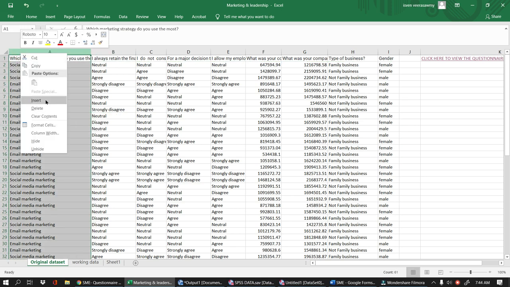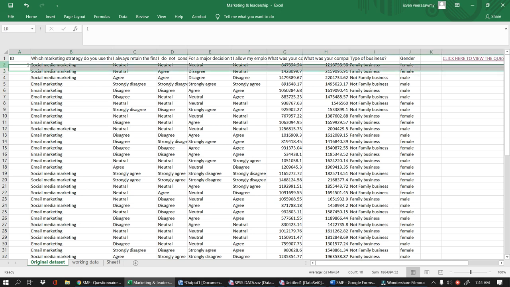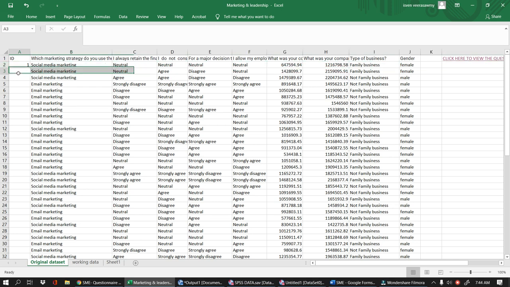you insert a new column where you call it the ID. So the ID will help you to identify if you have made any mistake down the line when conducting the coding. So just give an ID for each respondent. So the first person is ID'd as 1, second person 2, third person 3.